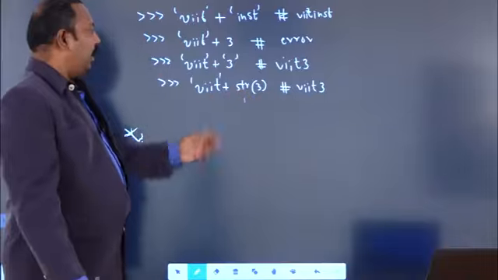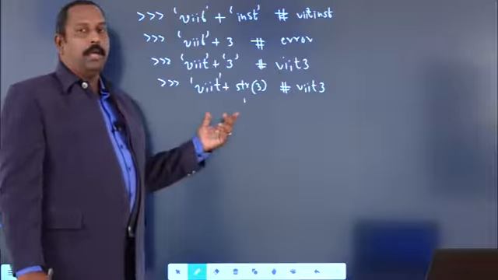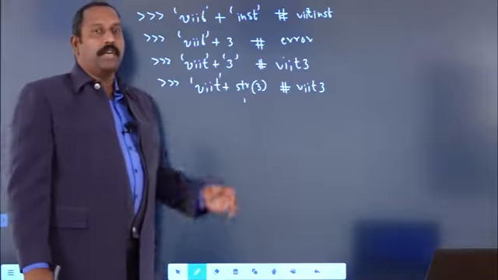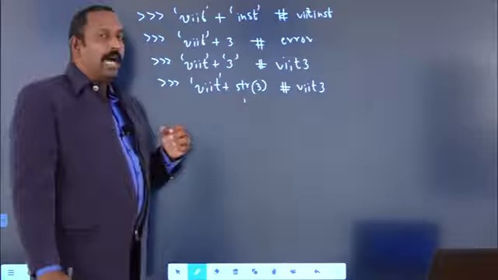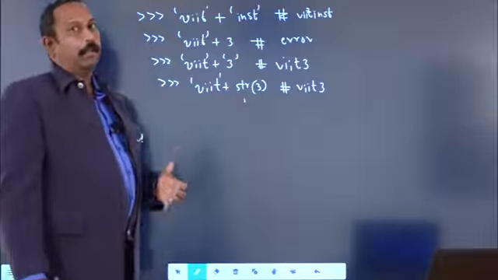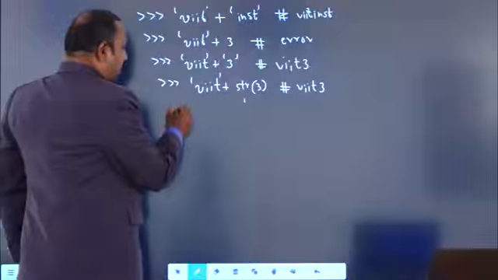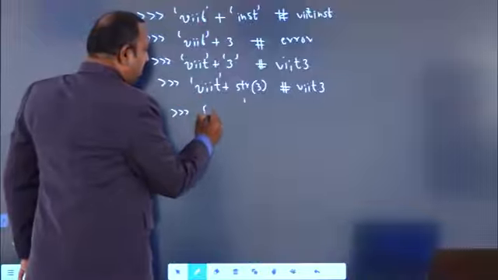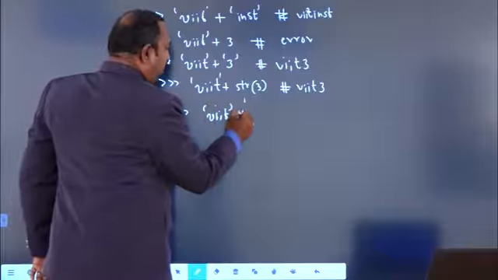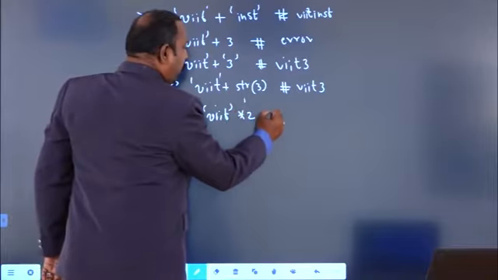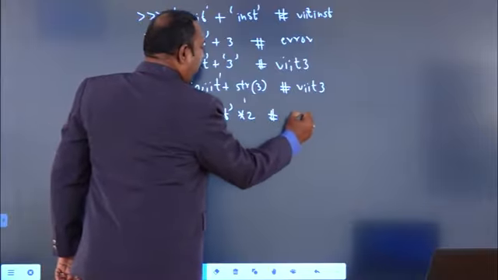So plus is nothing but the concatenation symbol for the string data type. Also, star can be used for strings. If you use the star multiplication symbol, suppose VIIT into 2, what is the output you will get? You will get the output VIIT VIIT.